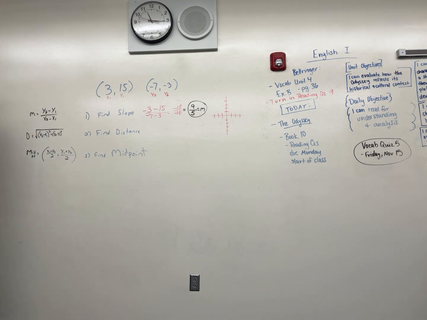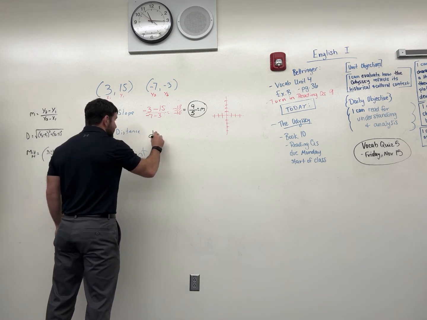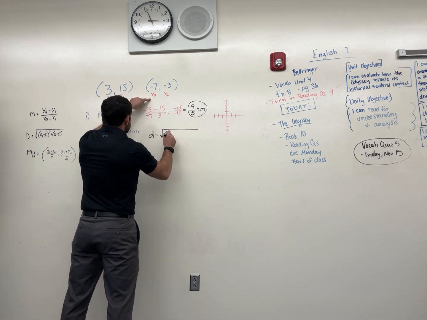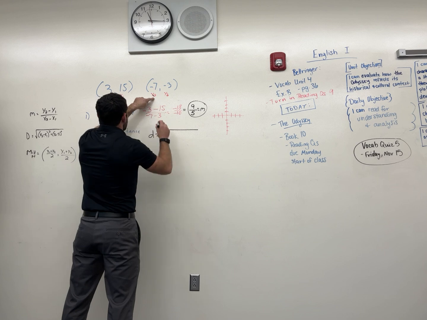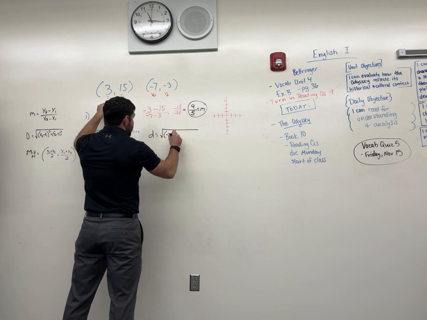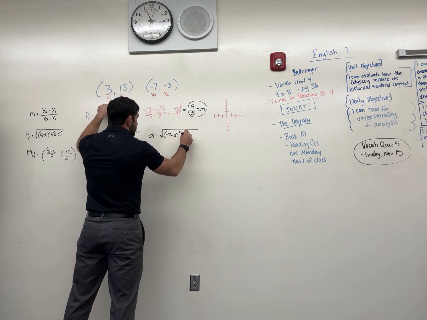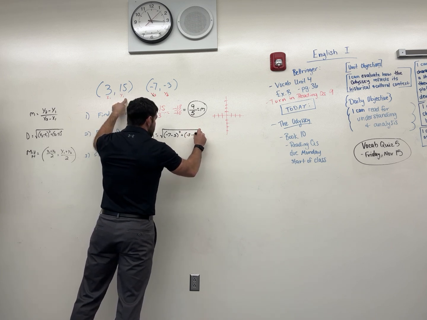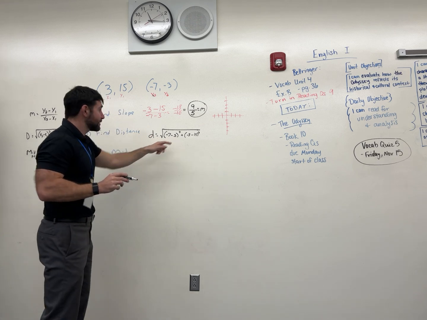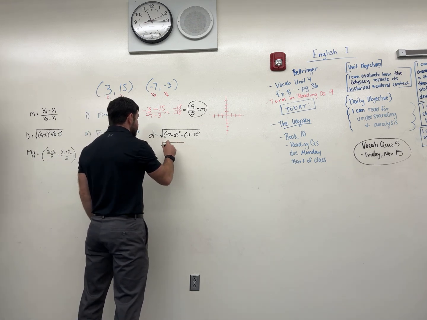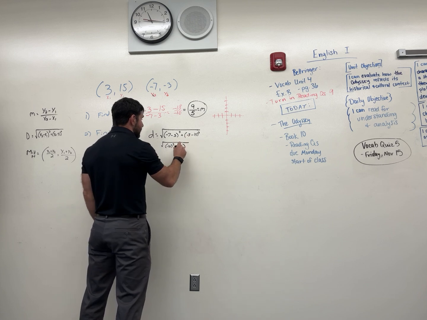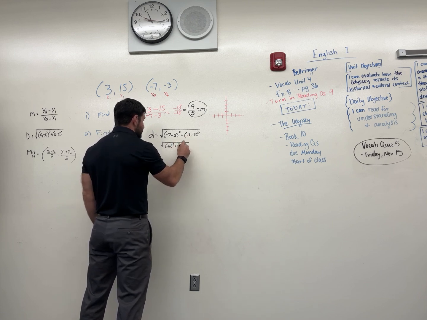Okay, distance. Distance is the square root of x2 minus x1 squared, plus y2 minus y1 squared. -7 minus 3 is -10 squared, plus -3 minus 15 is -18 squared.